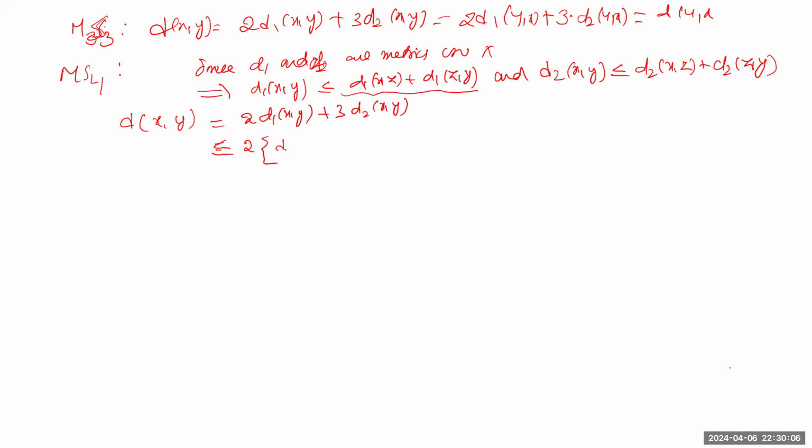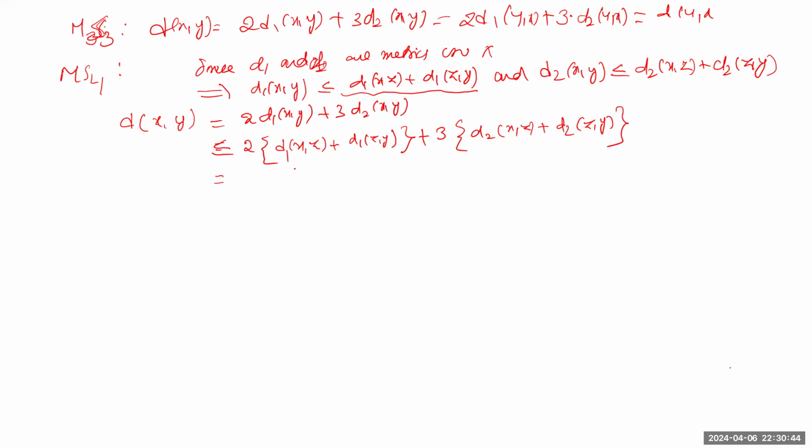That is less than or equal to 2 times d1 of x comma z plus d1 of z comma y, plus 3 times, and again d2 is a metric and satisfies the triangular inequality, d2 of x comma z plus d2 of z comma y.